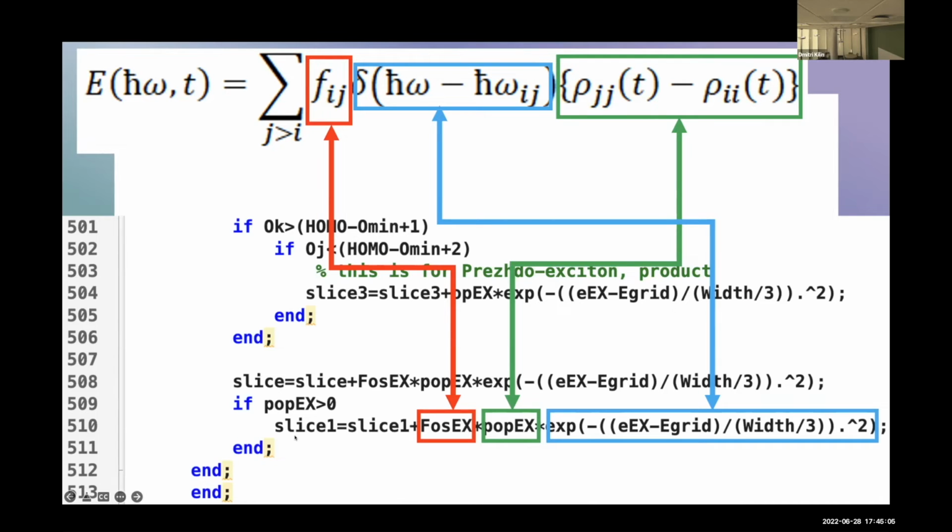So the resulting variable slice is a probability to emit a quantum at a certain wavelength at a certain time.